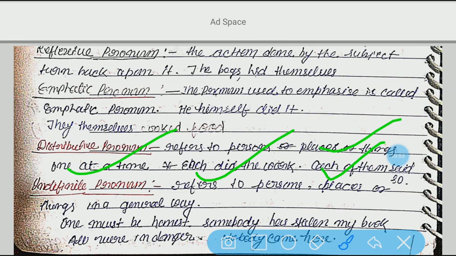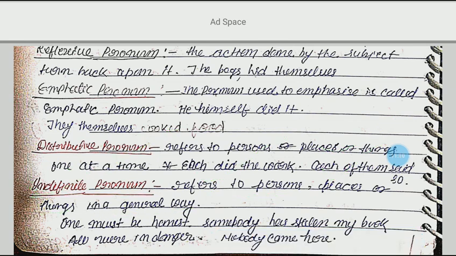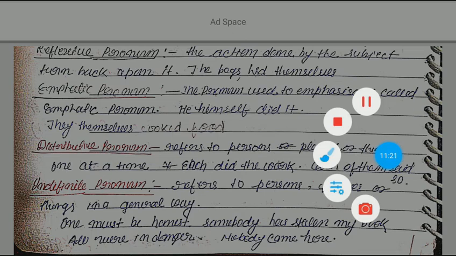Now come to the indefinite pronoun. In some books you can see this type also. Indefinite pronoun refers to persons, places or things in a general way. When we talk generally and it refers to person, place or thing, then it is an indefinite pronoun.